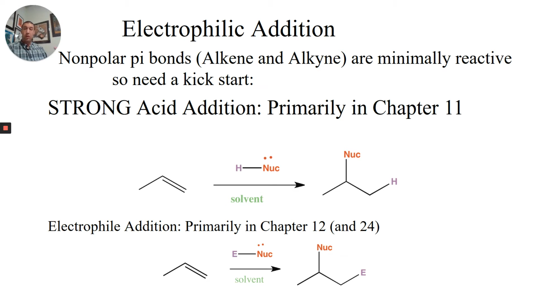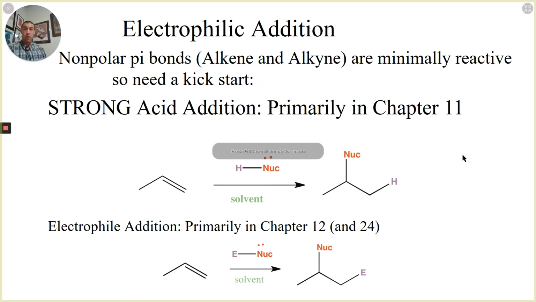And then chapter 12 and again 24 does the electrophilic addition. So again, those things that you need to be looking for as far as patterns. In those patterns, we're looking at a nonpolar pi bond. That nonpolar pi bond has electrons in it, and in fact, it has 2 electrons.